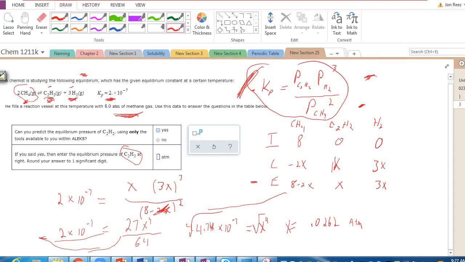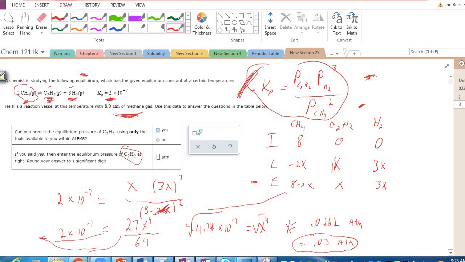It's asking for that with 1 sig fig, so that's going to equal 0.03 atmospheres. This will be the answer that I plug in. So these are doable, actually really doable.